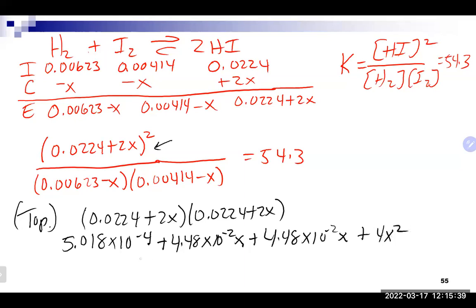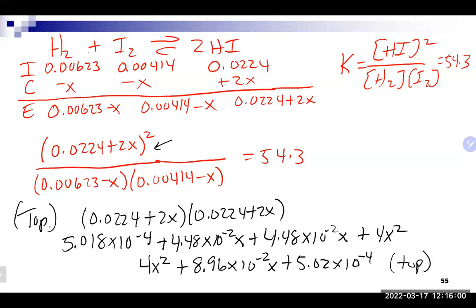Cleaning all that up, we end up on top with 4x squared plus 8.96 times 10 to the minus 2 x plus 5.02 times 10 to the minus 4. So that's our top part. Any questions on that?